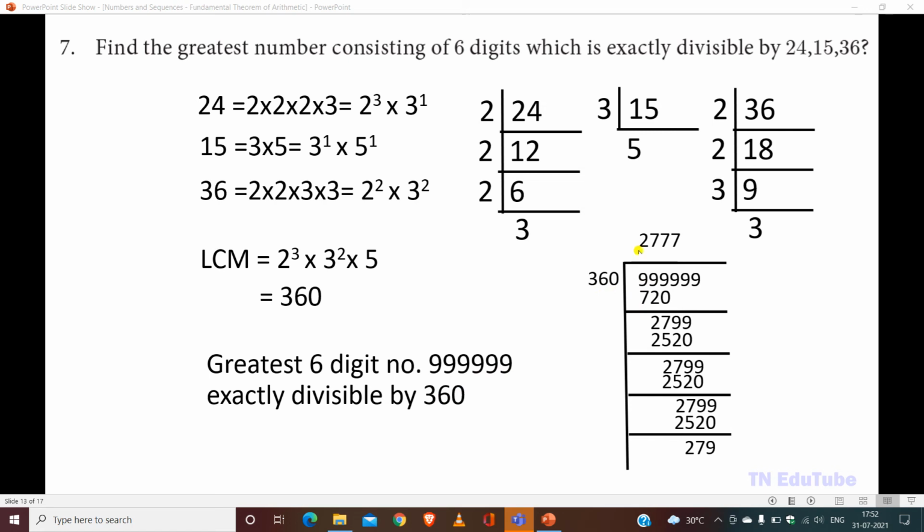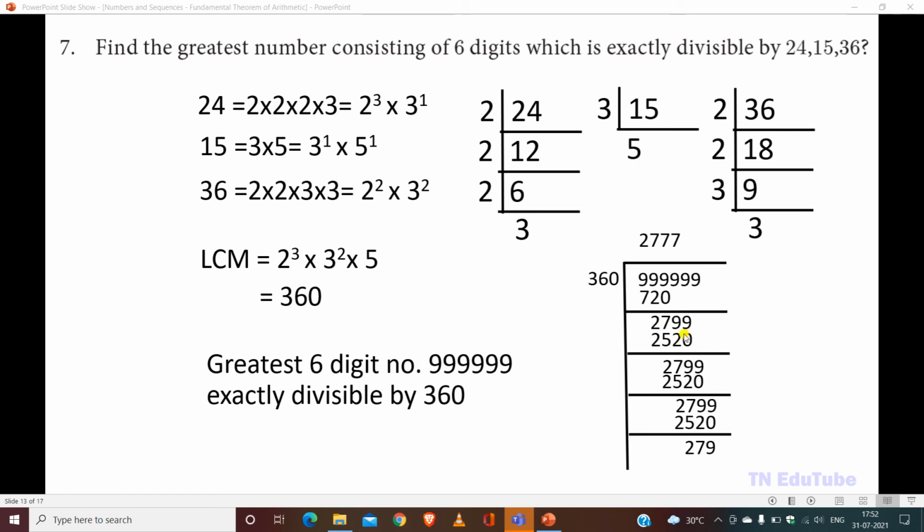So first 2 times you get 720. When you are subtracting, you get 9 subtract 2, 7, and 9 subtract 7, 2. 279. Then take the next digit.